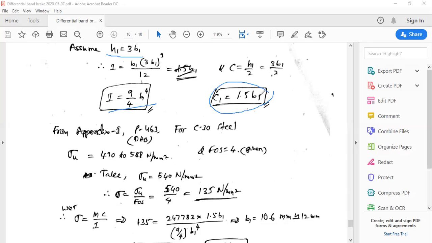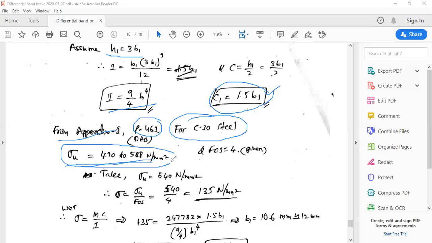By referring to appendix 1, page number 463 of the data handbook, for C30 steel, the ultimate stress has a range of 490 to 588 Newton per mm square. And the factor of safety is given as 4. This is based on the ultimate stress, so you have to assume sigma u between these two values.